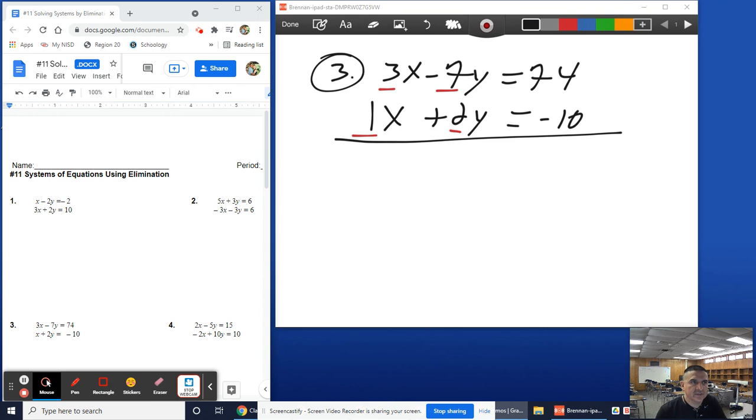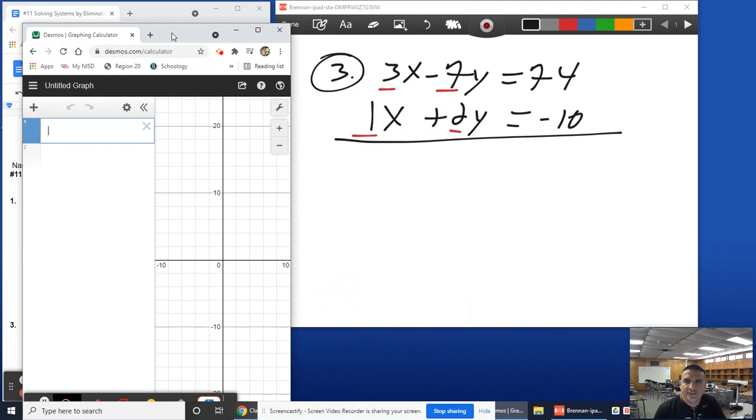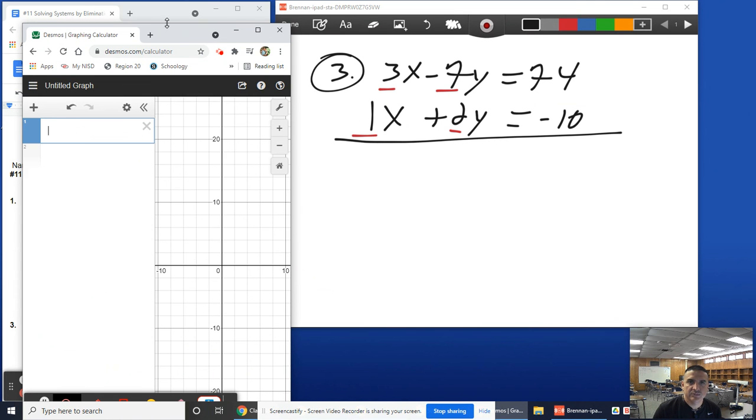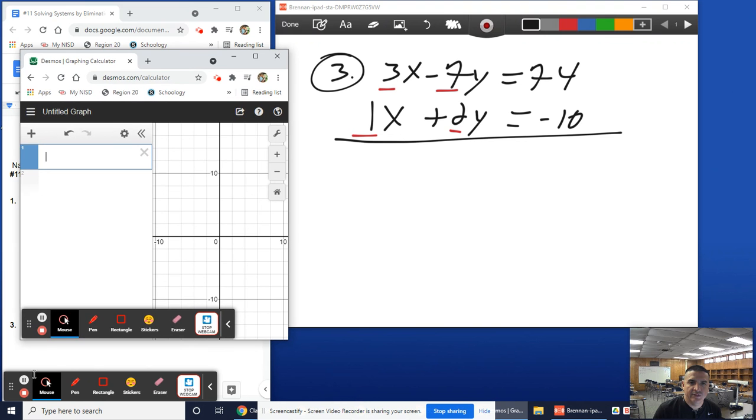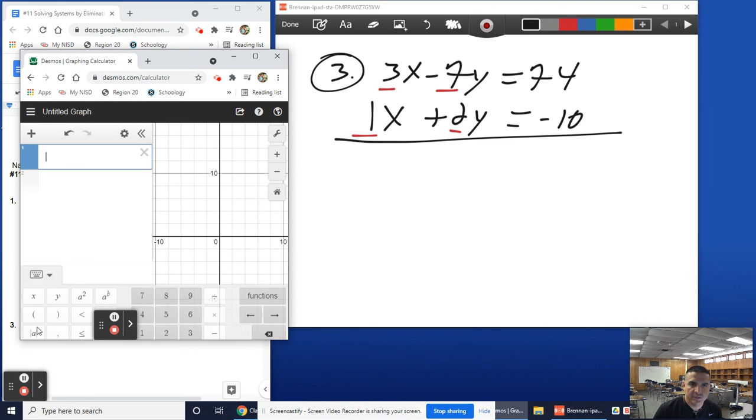Here's something that I try to show in class. The main idea for this, with the Desmos calculator, I can cheat and just solve it and get the answer. I don't have to try very hard because it's going to tell me everything I need.